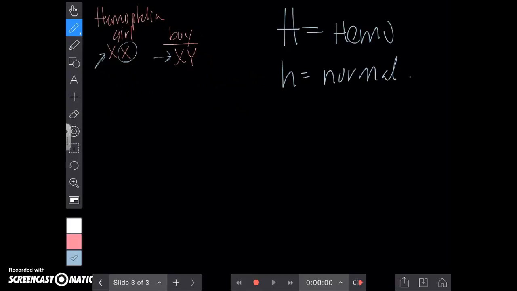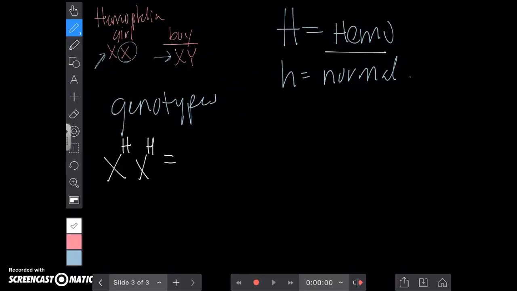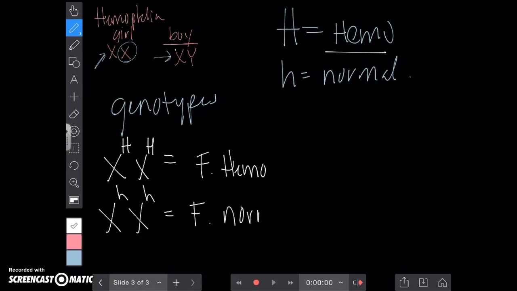If a girl doesn't, she can use her other X. So if I'm going to write out my genotypes over here, my possible combinations I have for a girl, I can be X big H, X big H. And what I have there is a female hemophiliac. I can have an X little h, X little h, which is a female normal. The last one I can have is an X big H, X little h.